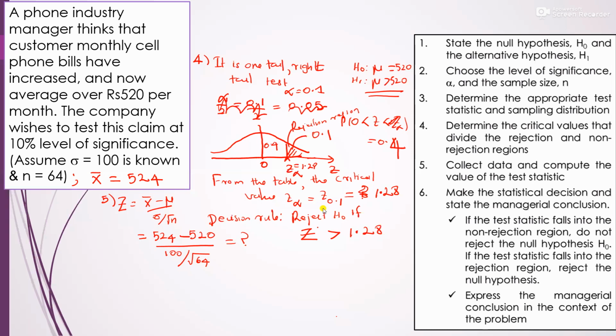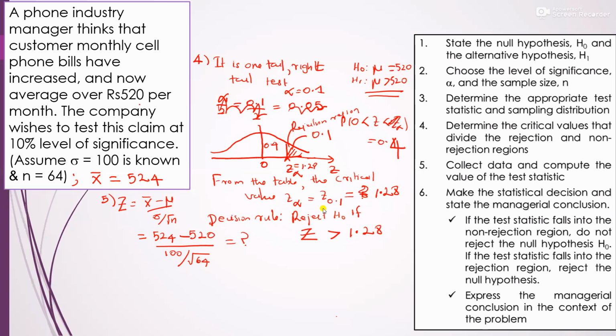If you reject H naught, then your statistical decision is mu greater than 520. Then what is the conclusion? Managerial conclusion: the customer's monthly bill increased over 520.